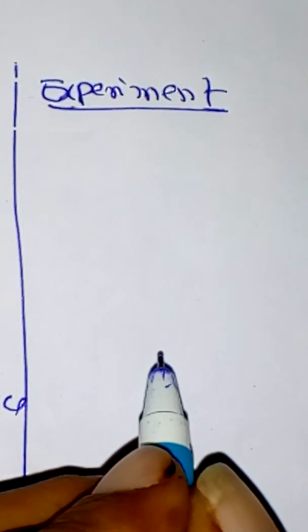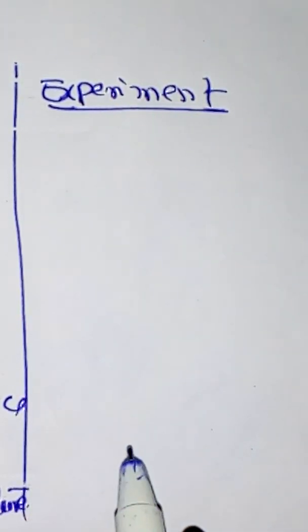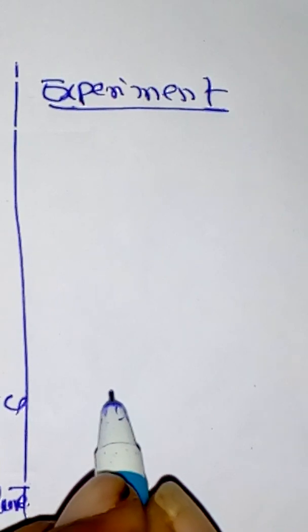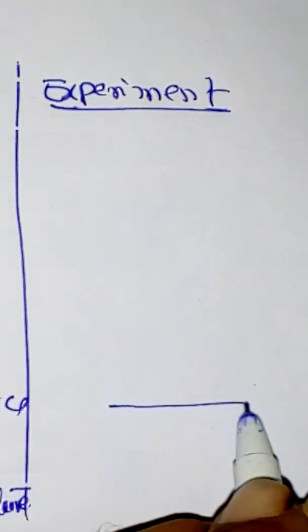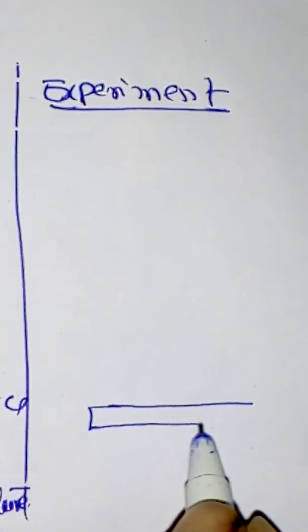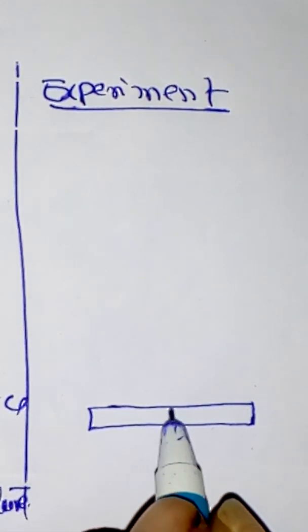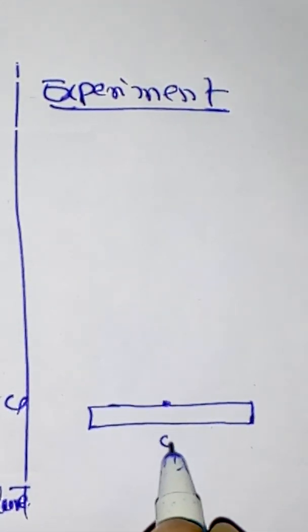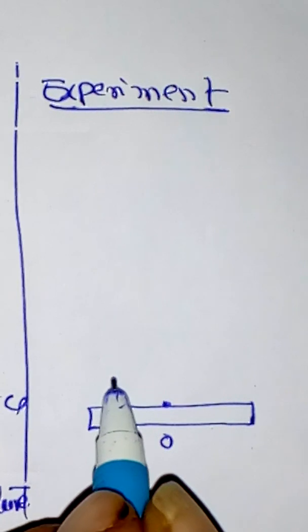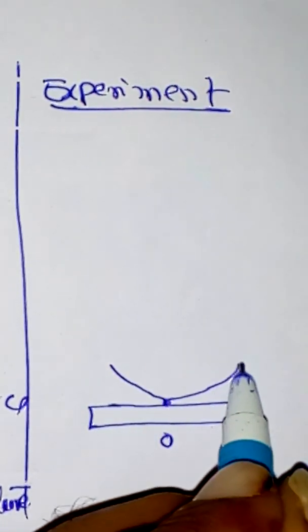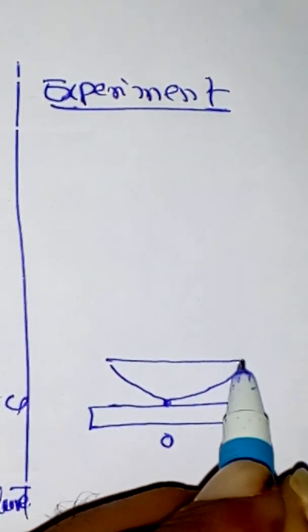Let us see the experiment. As told earlier, we have to set up the Newton's rings experiment. I am just recapping. We kept a plano-convex lens. The center point is, let us say, O. On the glass plate, we set up a plano-convex lens.